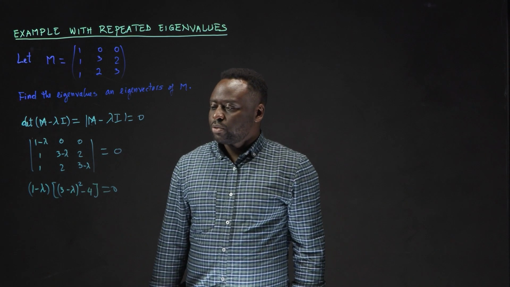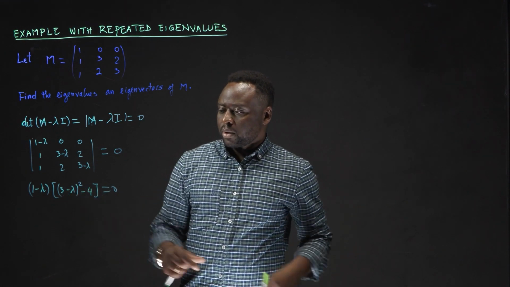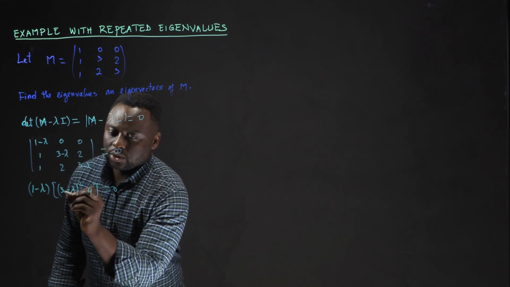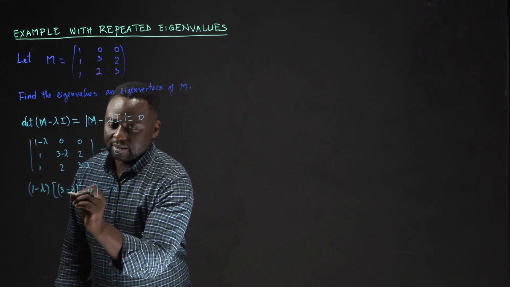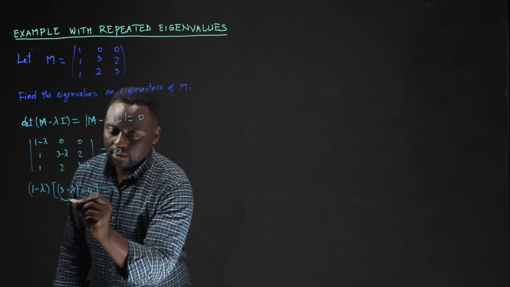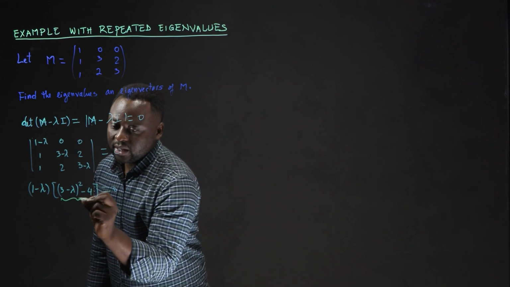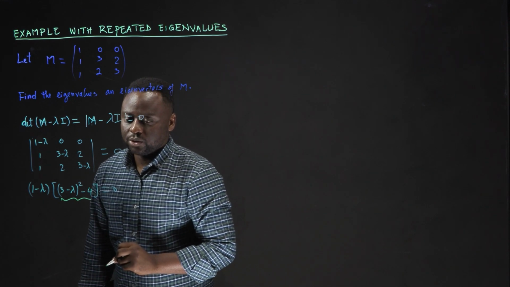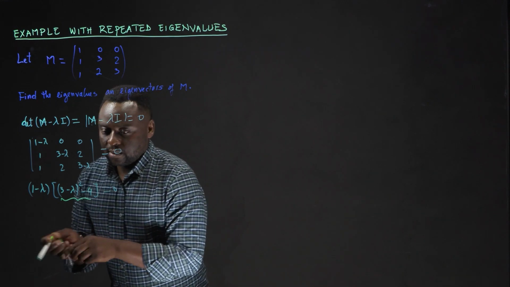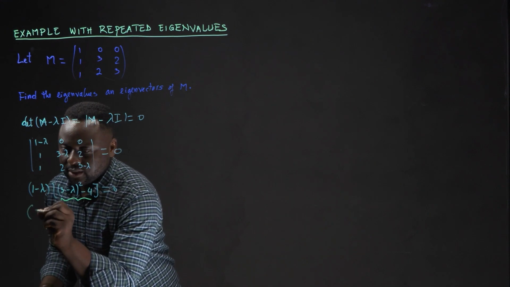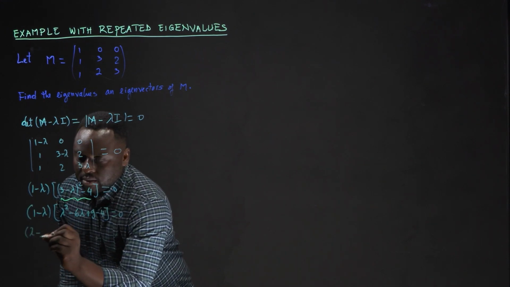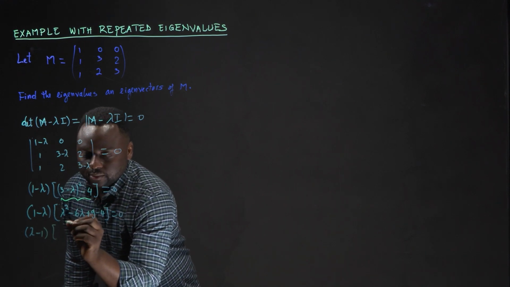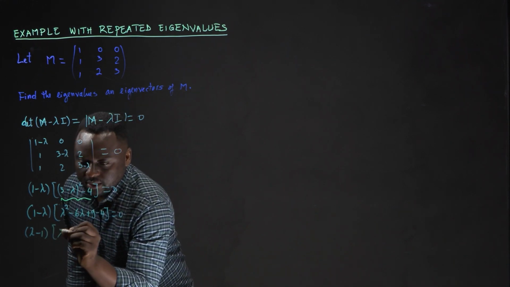At this stage, we want to factorize this. If lambda is 1, then this will be (3 minus 1) squared, which is 4, and 4 minus 4 is 0. So this term we can factorize, and I can easily see that lambda equal 1 is a solution. So we can first expand.